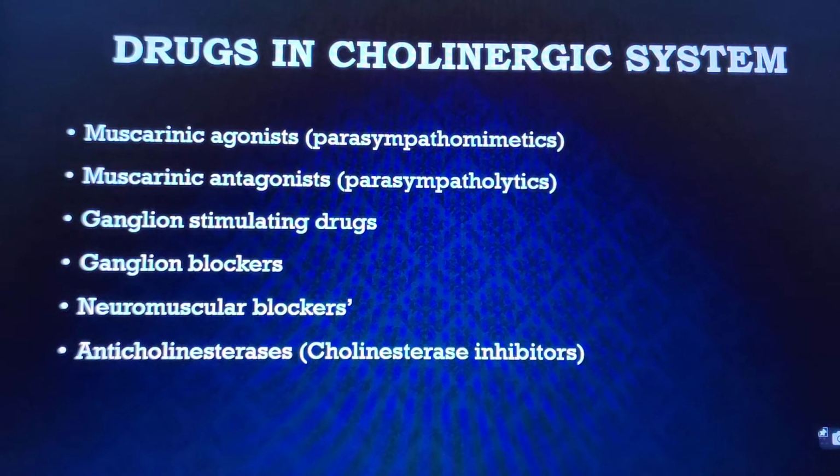There are ganglion stimulating drugs, ganglion blockers, neuromuscular blockers, and lastly, anticholinesterase or cholinesterase inhibitors. So these are the 6 categories of drugs in the cholinergic system. We will take them one by one.